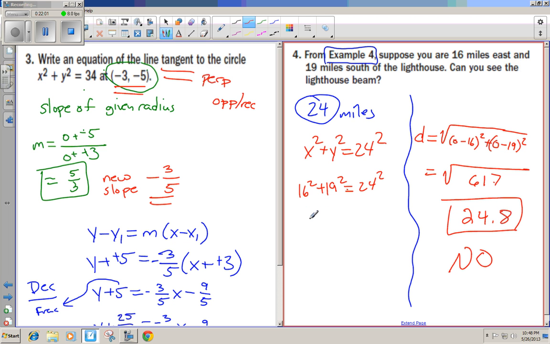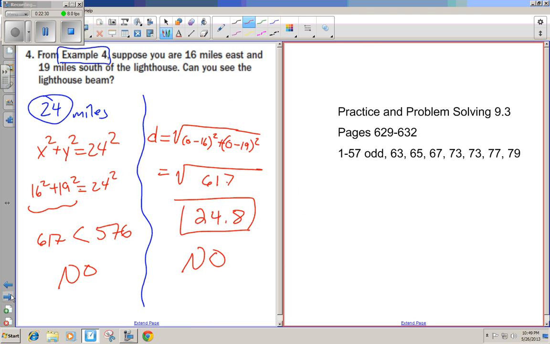And when you type that in, this part right here ends up being 617, and this number over here is 576. We could be equal to, but this number should be less than that. Is it? No. So that's how you set up these circle problems.